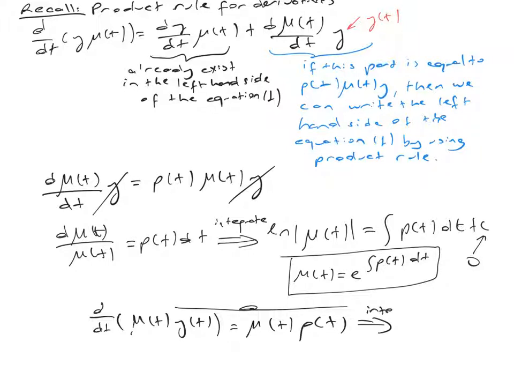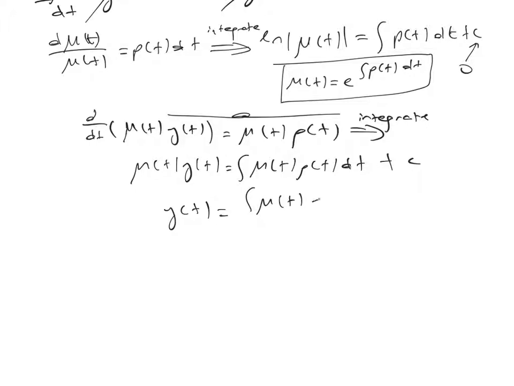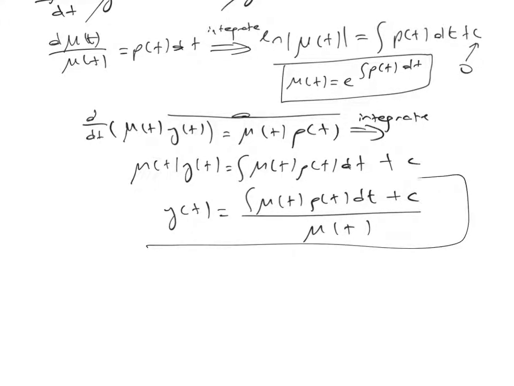And by integrating both sides, mu of t times y of t is equal to integral mu of t times g of t dt plus the constant c. And from here, y of t is equal to integral mu of t g of t dt plus the constant c, over mu of t. And this is the solution that we look for, y of t.